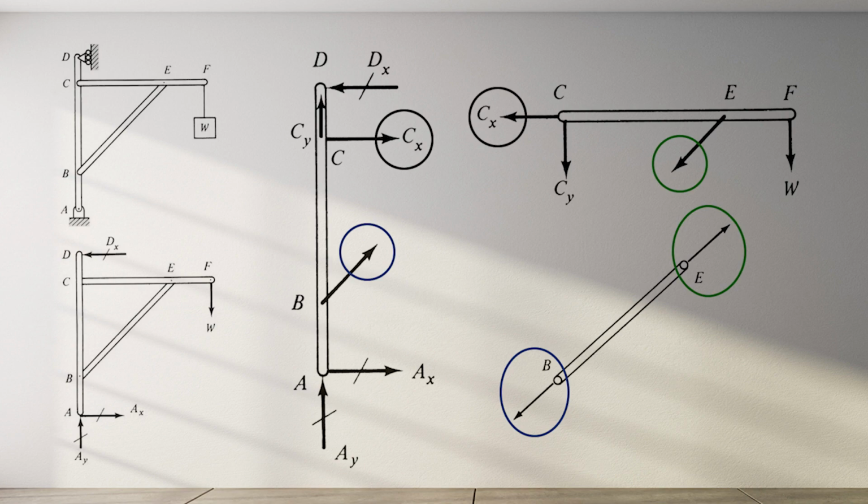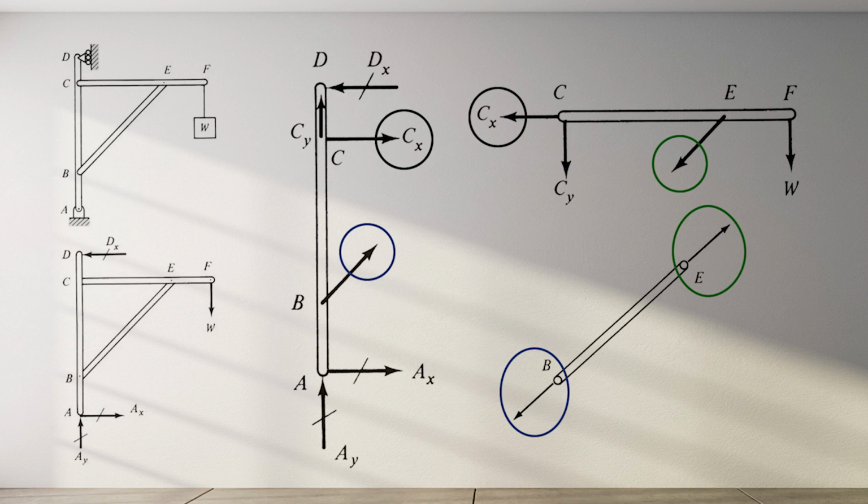Member BE is a short link, a special case of a 2-force member, and the force in the member acts along the member. If the 3 free body diagrams for the parts of the frame are combined, the forces at B, C, and E cancel, and we have a free body diagram for the entire frame.